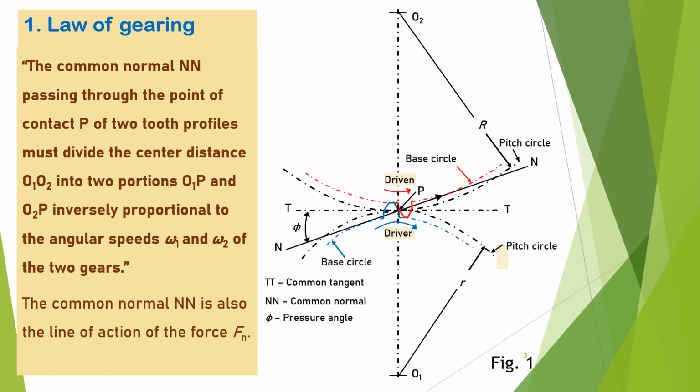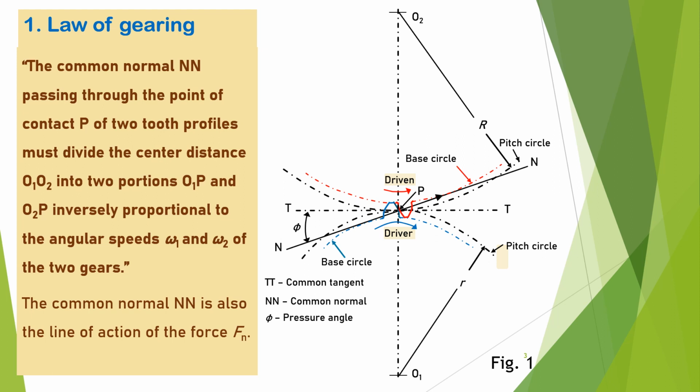The point of contact of the two tooth profiles is marked as point P in the figure. NN is the common normal to the two tooth profiles passing through point P. TT is the common tangent to the two pitch circles.